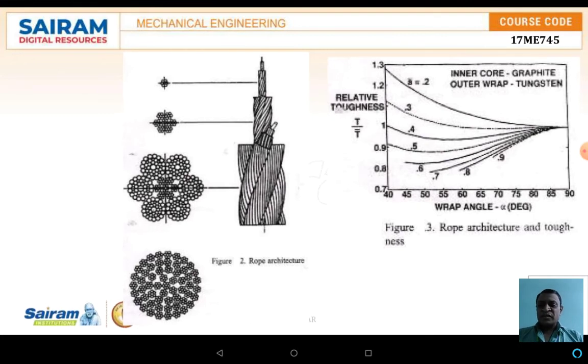See, here the rope concept or rope architecture has been explained. In the case of the rope architecture, a very large number of small wires are clubbed together to form a rope. Even these are inclined, and here ductility, strength, and toughness matter.